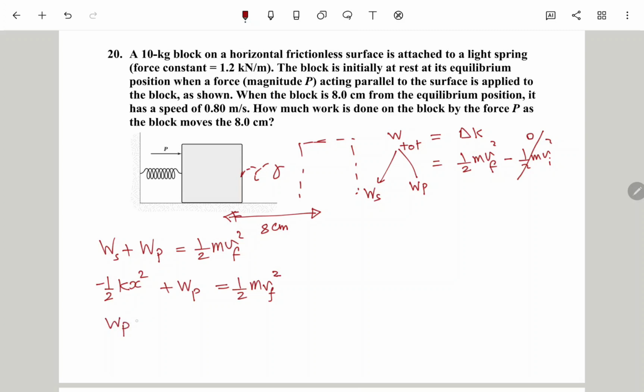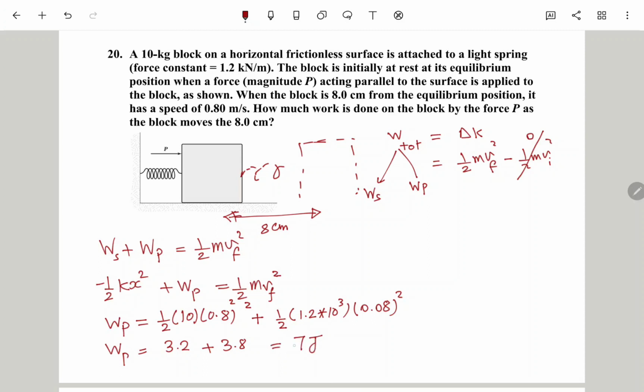Now work P equals half times 10 times 0.8 squared plus half times 1.2 times 10 to the power 3, this is K, and don't forget to convert centimeters into meters, so 0.08 squared, and you will find work of force P equals 3.2 plus 3.8. In total, it's 7 joules.